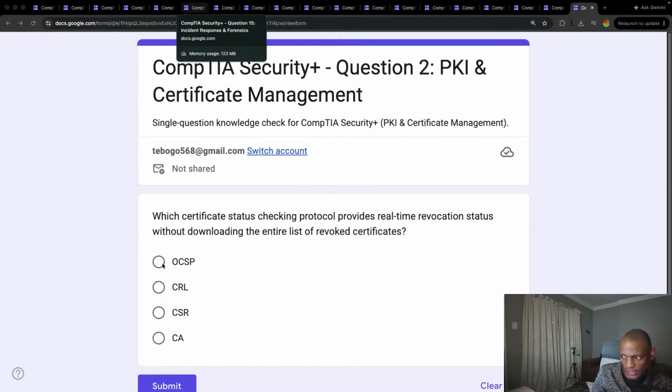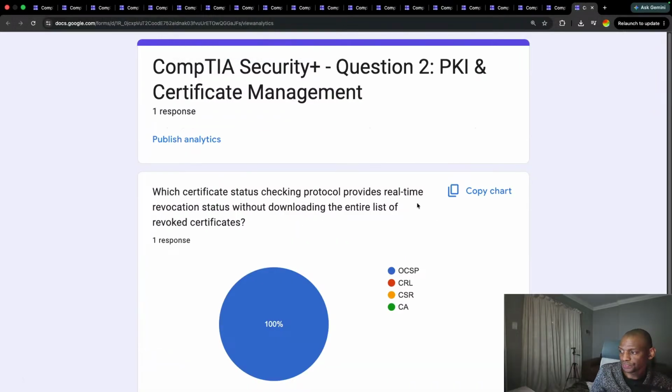Okay, the correct answer is the first one, right? OCSP. Let me share this. So OCSP, Online Certificate Status Protocol.